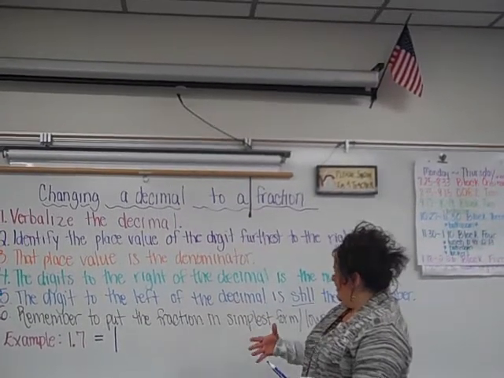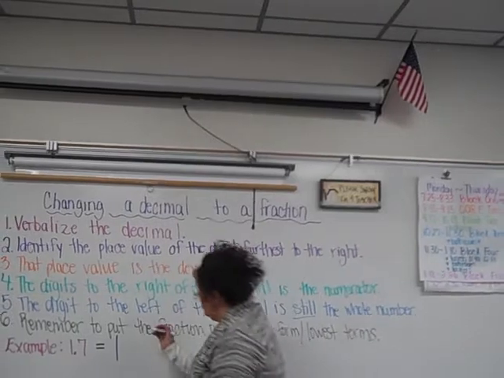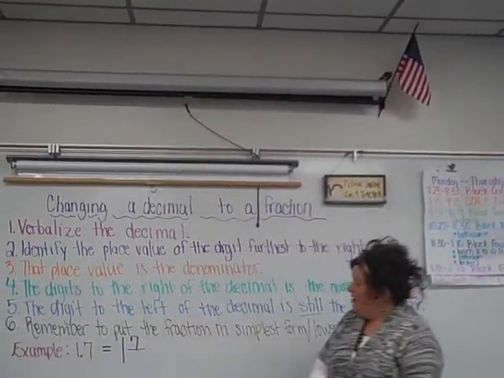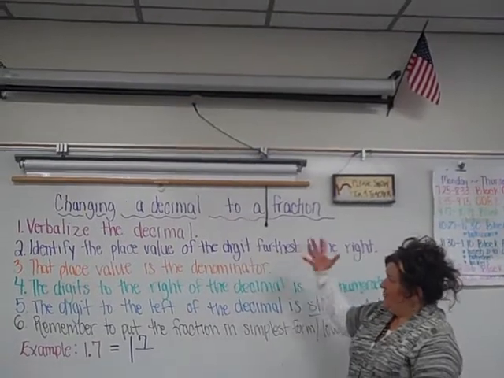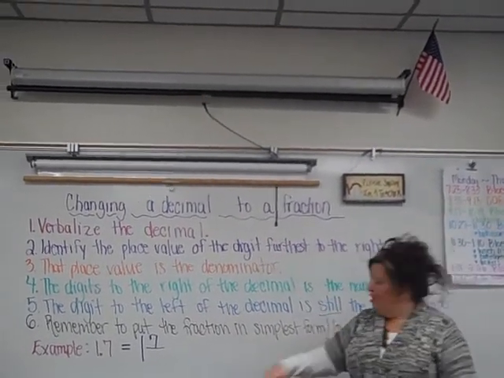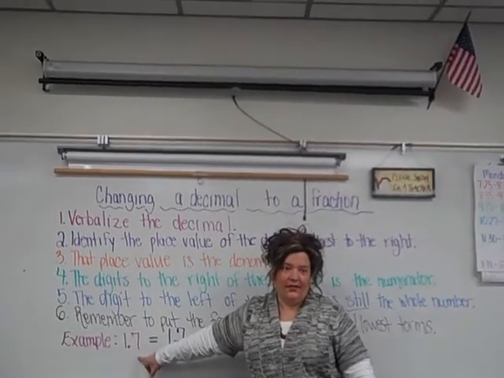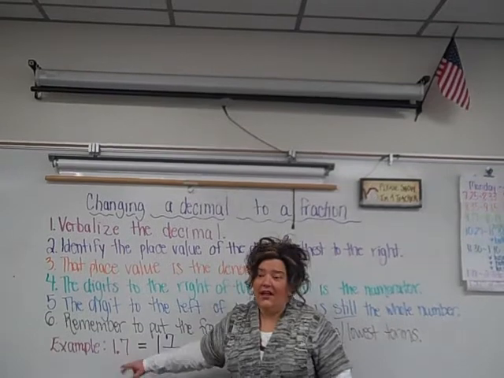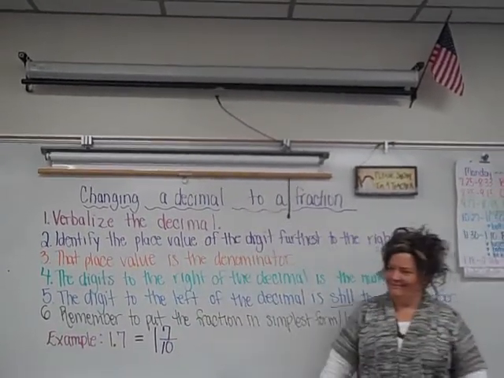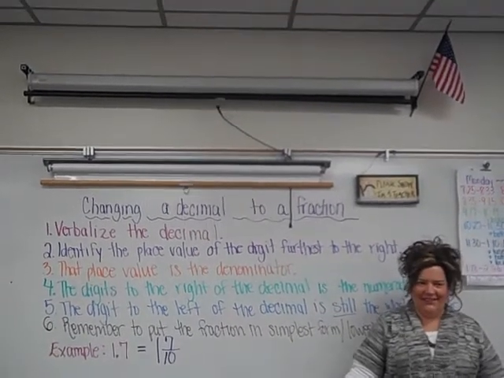It's going to be a 7, just like with step 4. My denominator is going to be the place value farthest to the right. So what place value is this? Tenths. So 10 is our denominator. And that's it. That's all there is to it.